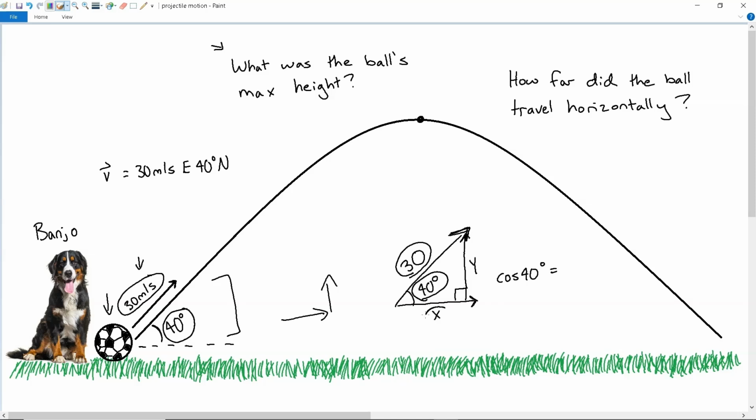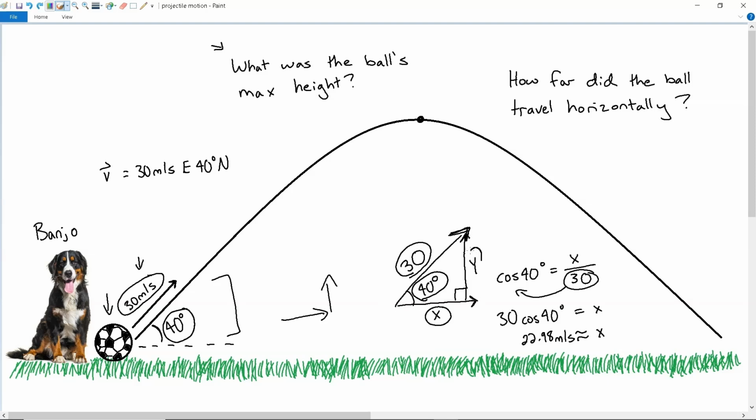The adjacent side happens to be x, and our hypotenuse has a value of 30. If I isolate for x and plug into our calculator, that will give us something like 22.98 meters per second. So that is the velocity just looking horizontally.